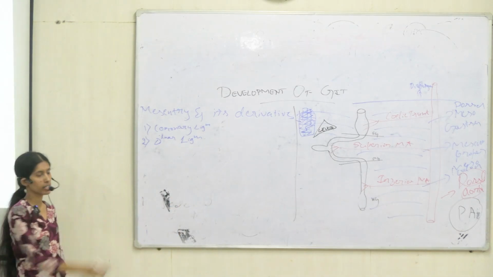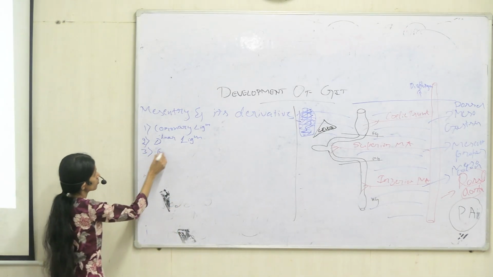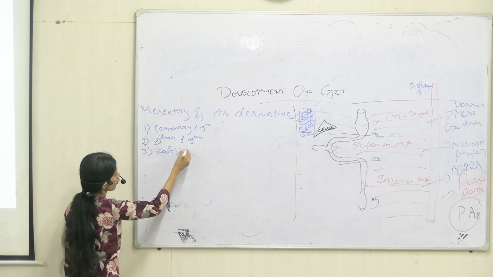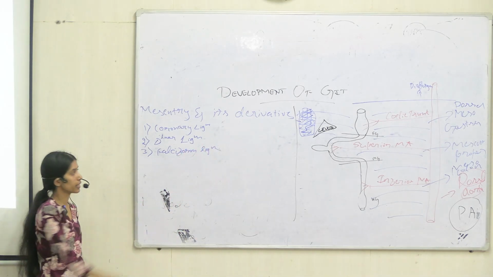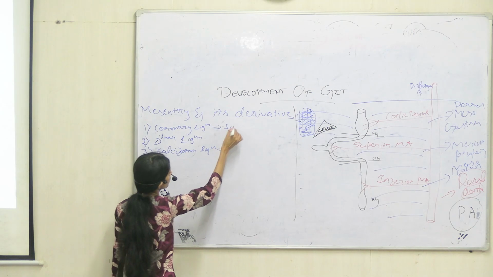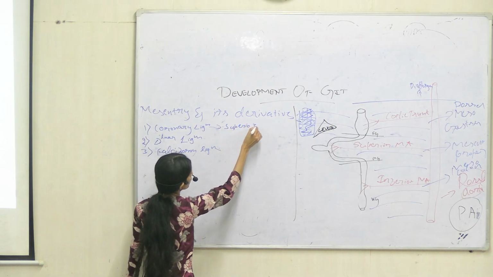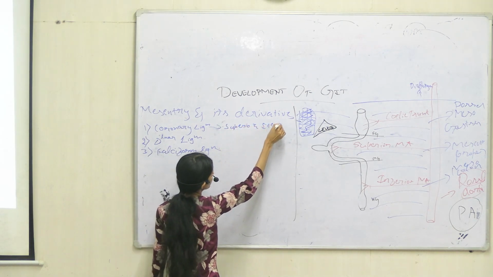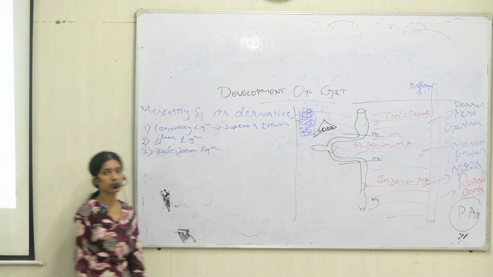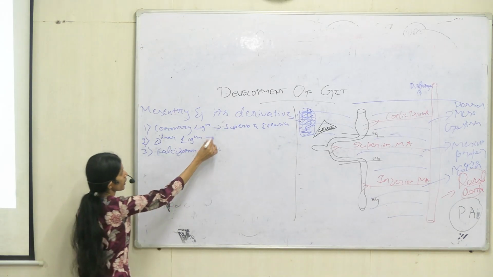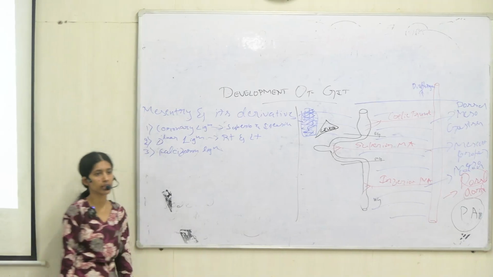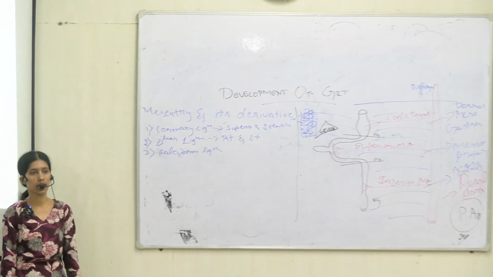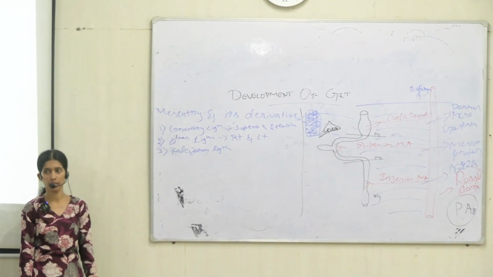Then falciform ligament. It has the superior and inferior coronary ligament, followed by the right and left triangular ligament. Next we have the falciform ligament.